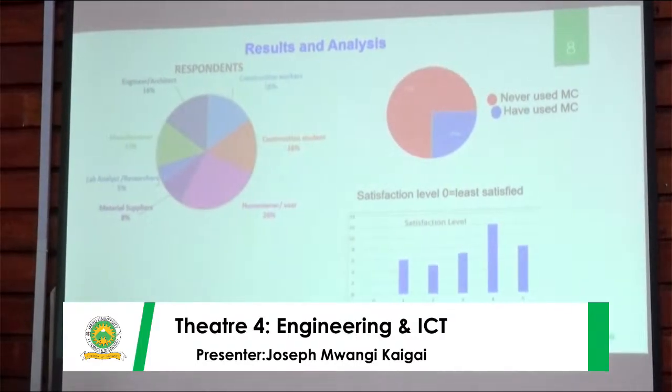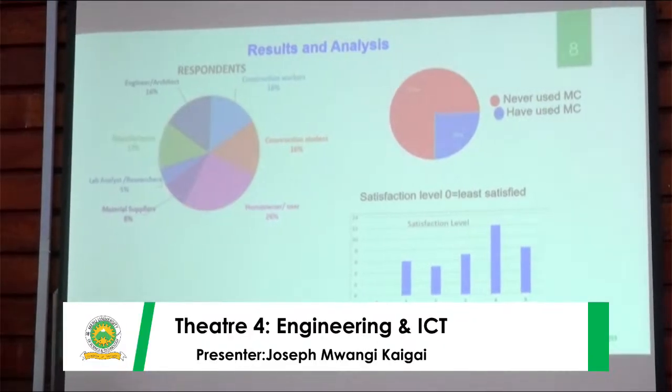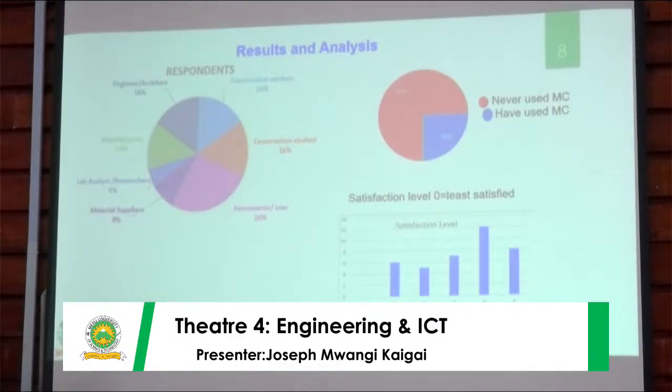And you realize that out of the 38 respondents that I have, 75% said they have never used masonry cement. And you wonder what they used to finish their construction. And 25% said that they have used masonry cement. One of the things that we realize is that the 75% could have used it, but they don't know.